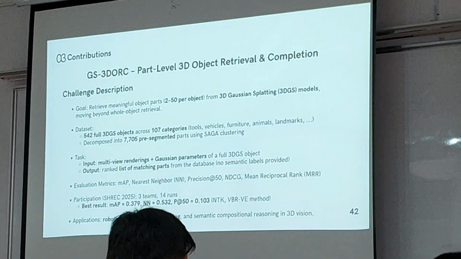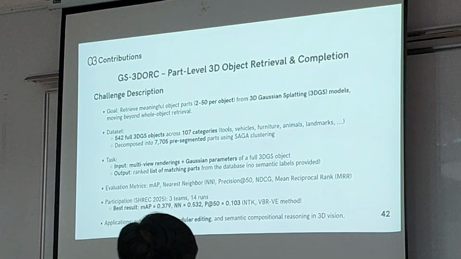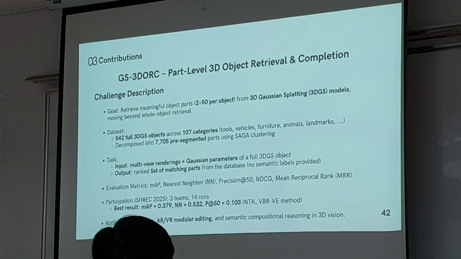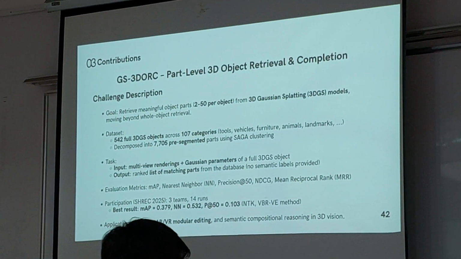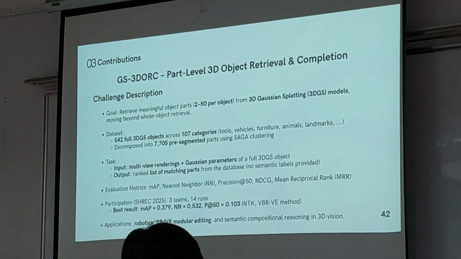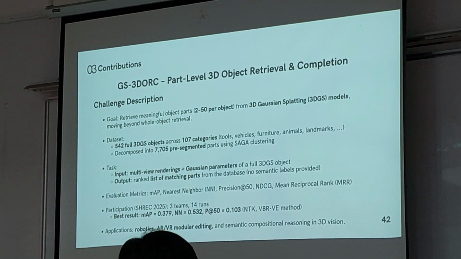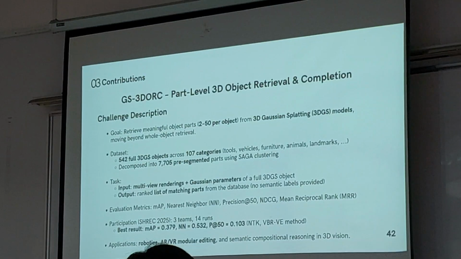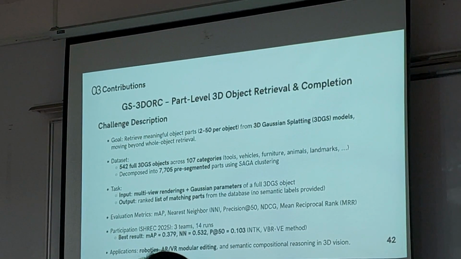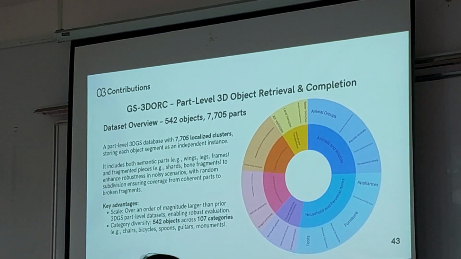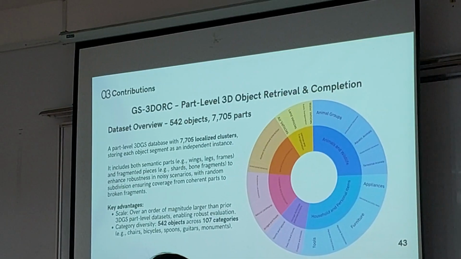So we propose a novel challenge where each contestant will have to retrieve relevant Gaussian parts from a complete Gaussian splatting object. And we also propose a total view data set that we have constructed. The data set is constructed across multiple categories.